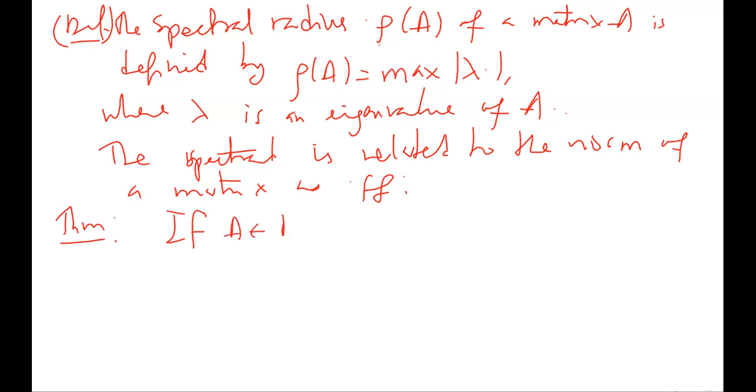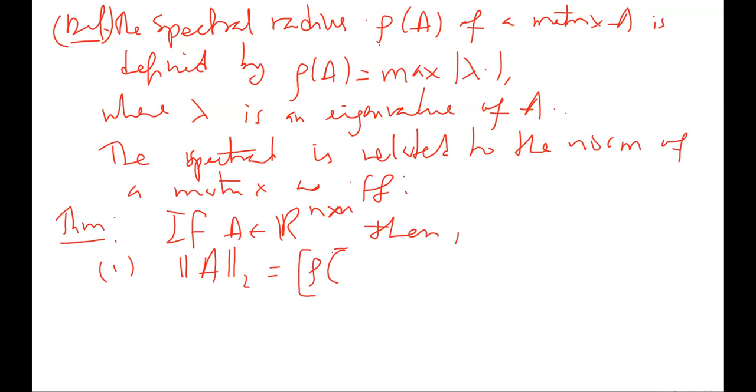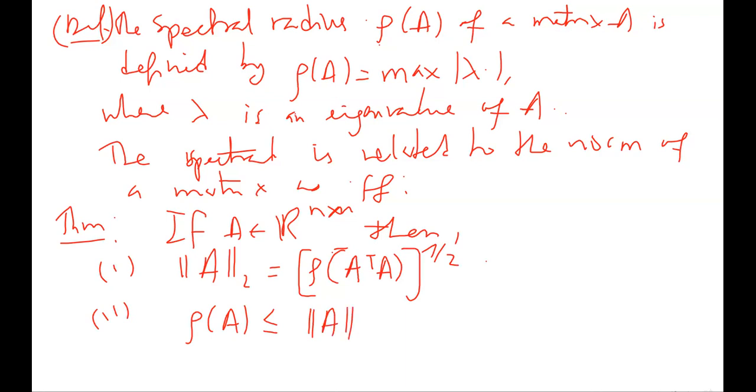If A is an n by n matrix, then 1, the norm of the matrix is the square root of the spectral radius; 2, the spectral radius of the matrix is less than the norm of the matrix. So this is how the spectral radius is related to the norm of the matrix.